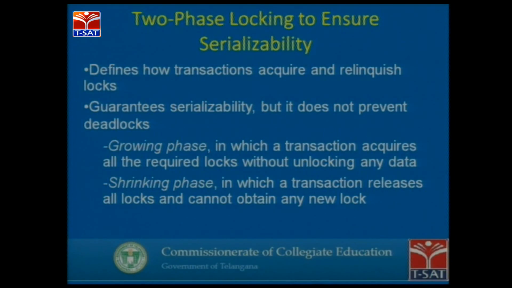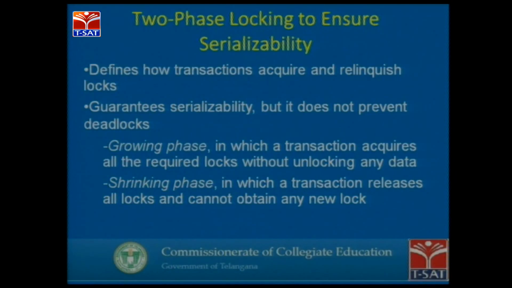Then one interesting method or technique called two-phase locking always ensures serializability. As the name suggests, this is a technique which will be implemented in a phase-wise manner. So it will use two phases. One is a growing phase, the other one is a shrinking phase.